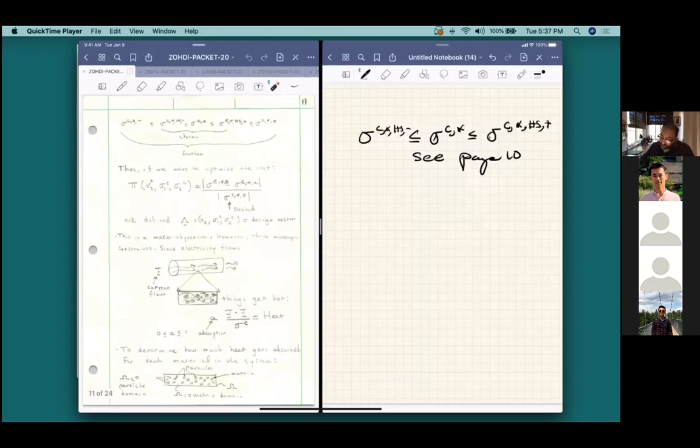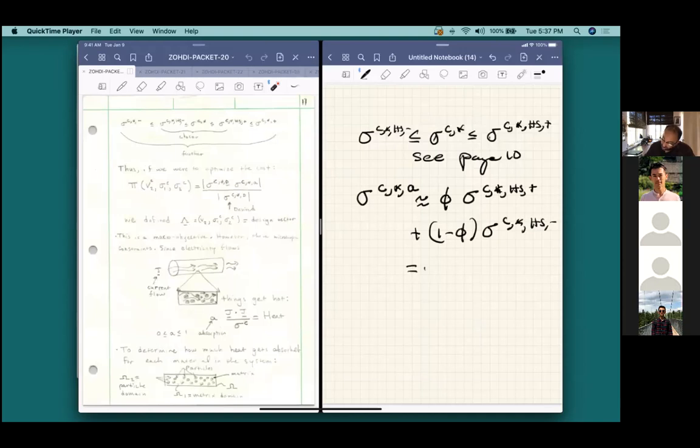Now, the nice thing about this is that we can use it in an optimization technique to apply our machine learning and genetic algorithms. So the idea is that this estimate, let's write it out as sigma c star approximate, with a little a here, which is phi times sigma c star Hashin-Strikman plus, plus 1 minus phi times sigma c star Hashin-Strikman minus.